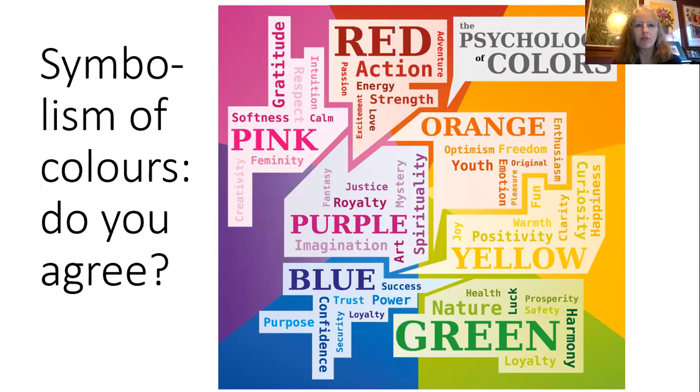Other symbolisms that you often find in literature are the symbolism of colors. This is the psychology of colors as well. Have a look at these colors and meanings or symbolism and discuss. Do you agree that these colors mean or represent or show those ideas?